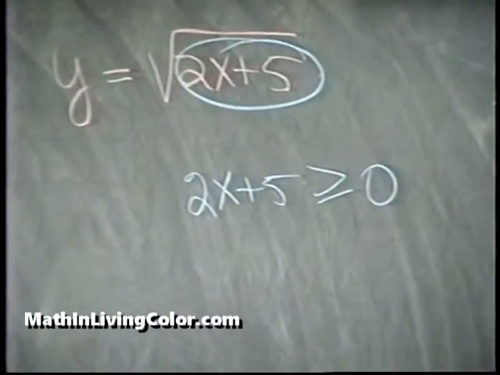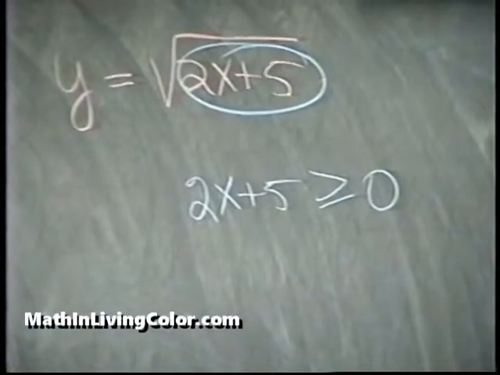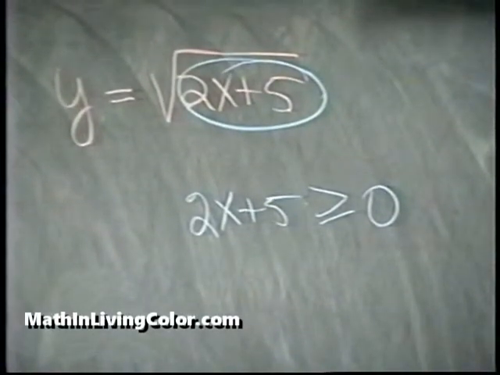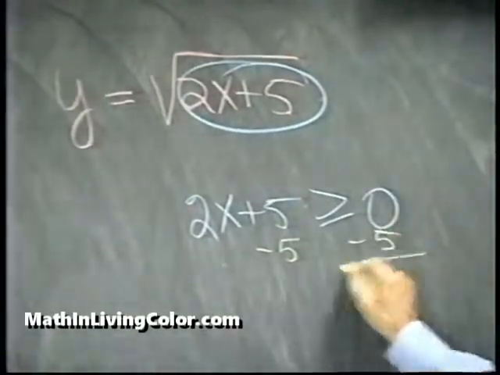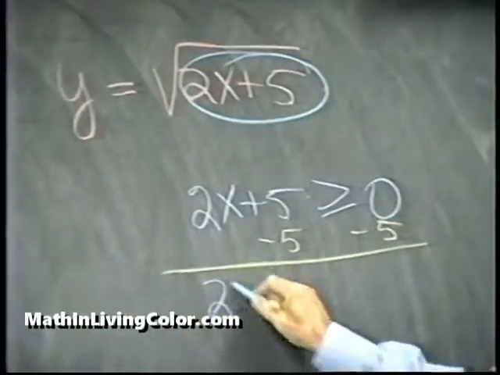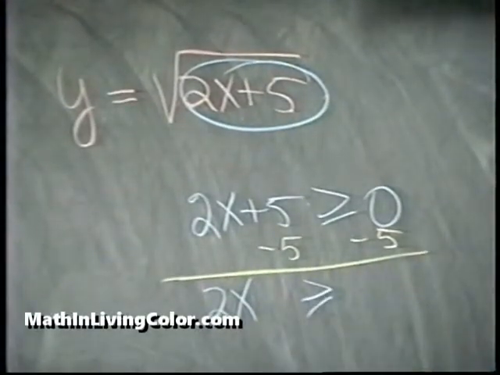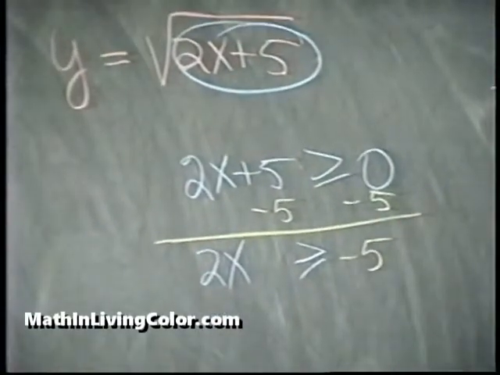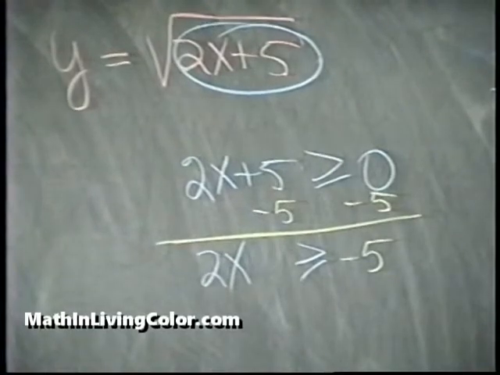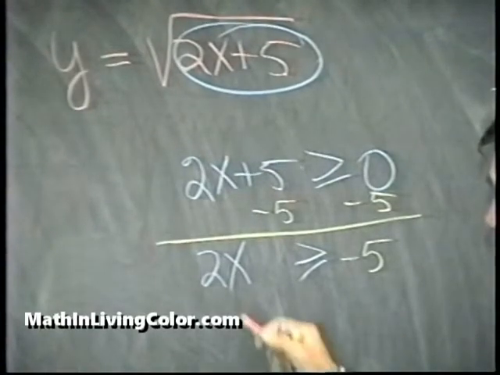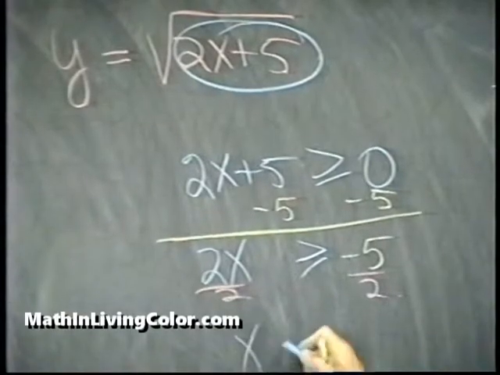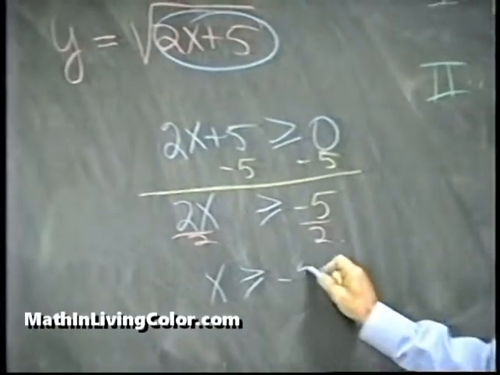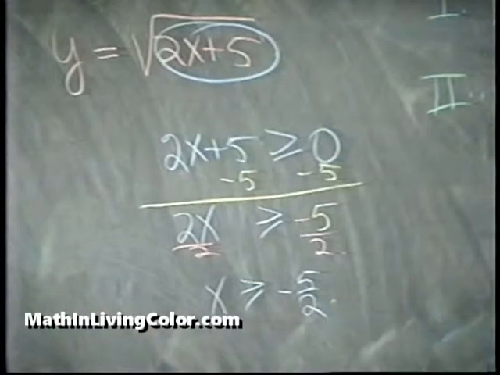And now I have to solve that. Now how do you solve that? Subtract 5 from both sides, okay? Subtract 5, and that would give you 2x is greater than or equal to negative 5. And then what? Divide both sides by 2. That would give you x is greater than or equal to negative 5 halves, right?